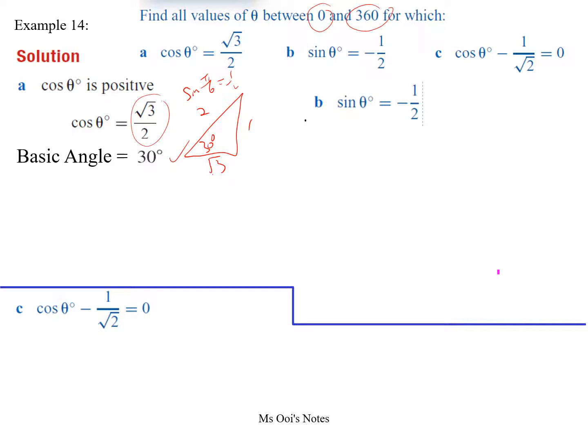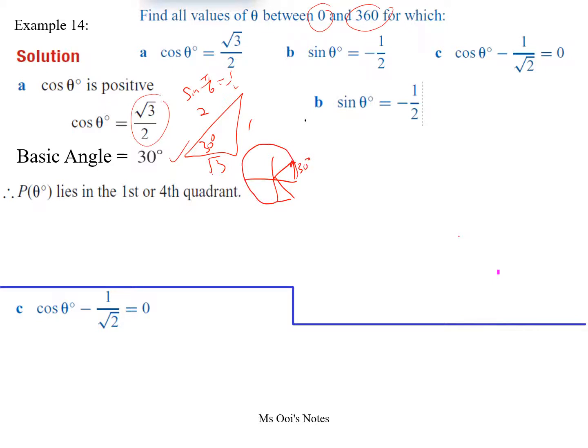All right, so now that we have the base angle, we know that theta degrees lies in the first or the fourth quadrant because cosine is positive. So cos is positive in the first quadrant and the fourth quadrant. The first angle we got here is 30 degrees.